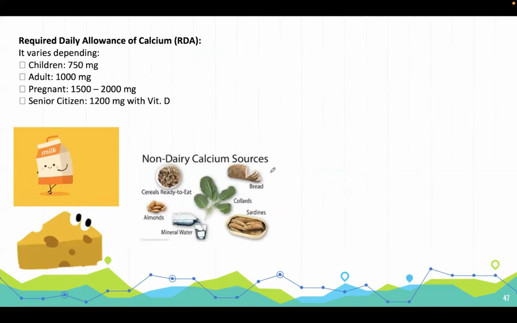Okay. Next, we have the required daily allowance of the calcium or yung required dietary allowance. It varies depending sa needs. Minsan, yung adult, mas mataas yung needs kasi going to age. Pag nag-age na, mas rumurupok na yung buto. So, mas kailangan na po natin mag-intake na mas maraming amount of calcium compared doon sa mga healthier na younger ones.